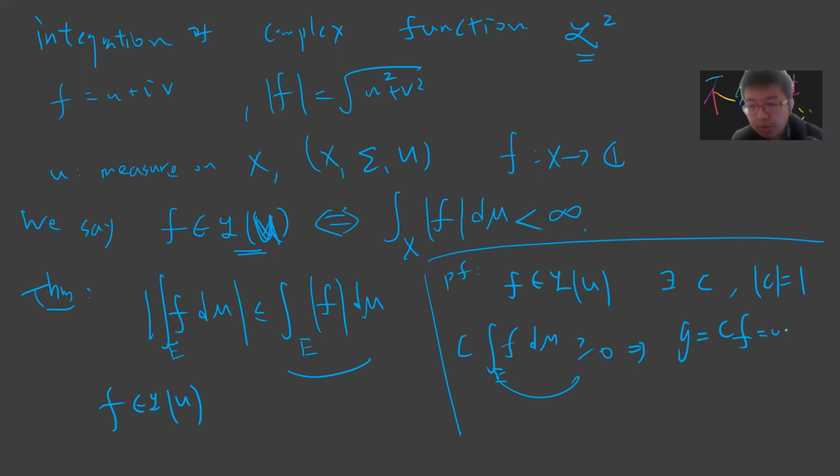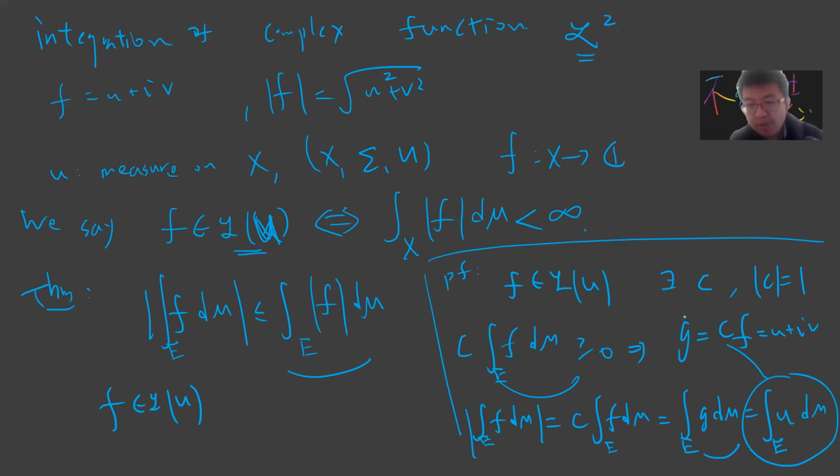Let's say g is u plus iv. Now the absolute value of the integral of f d mu on E will be c times the integral of f d mu, which is positive, which I can write as the integral of g d mu, and that equals the integral of u, because the integral of g d mu is an absolute value, so it will be real.